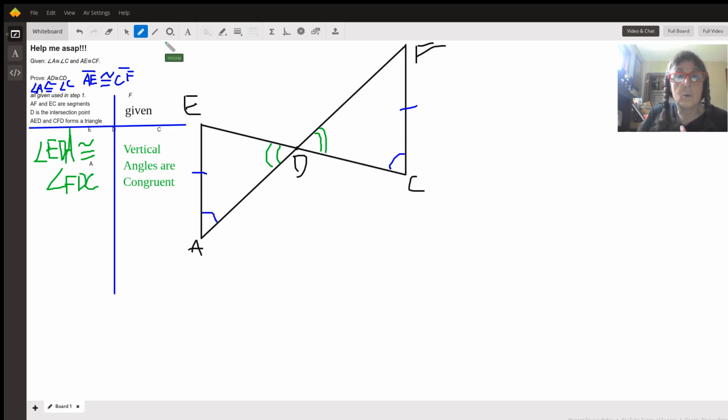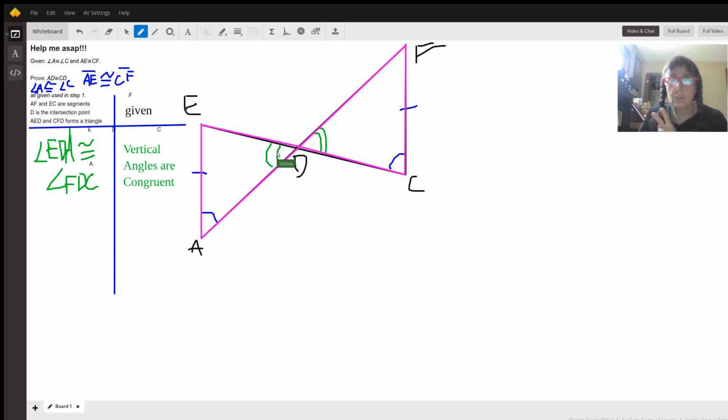Okay, now we have these 2 triangles congruent. We have this triangle here congruent to this triangle here, because we have satisfied what we need for angle side congruence. Right?